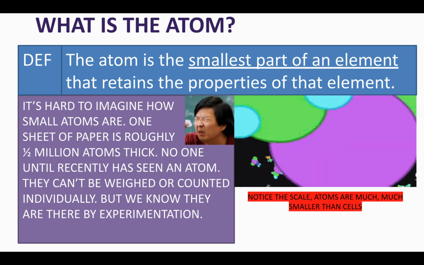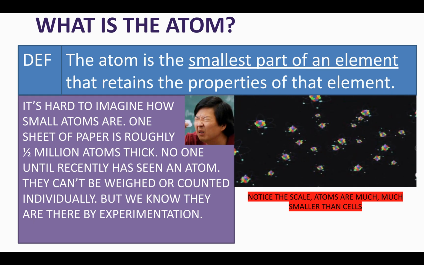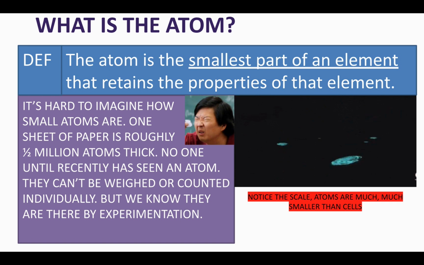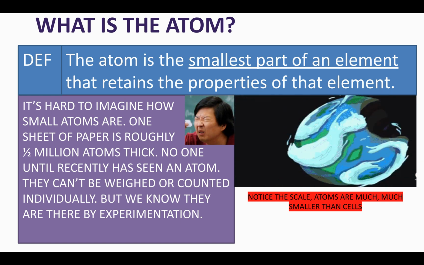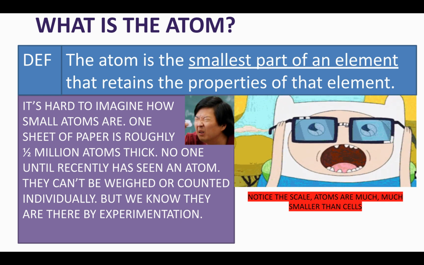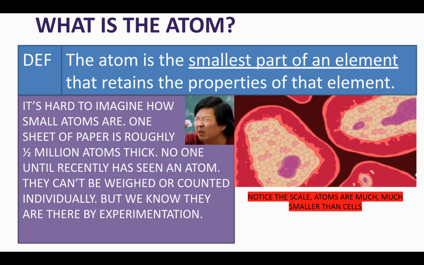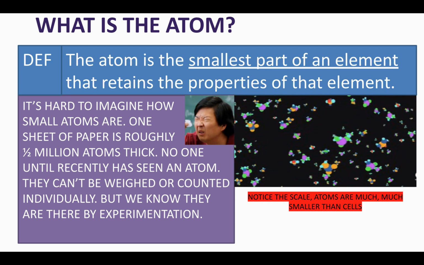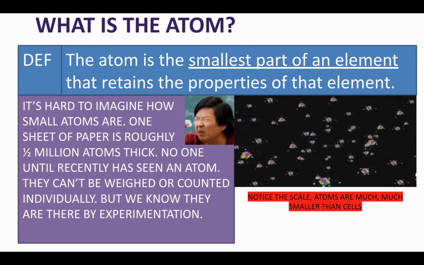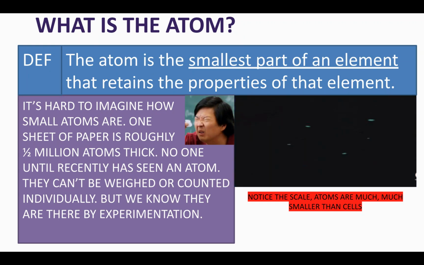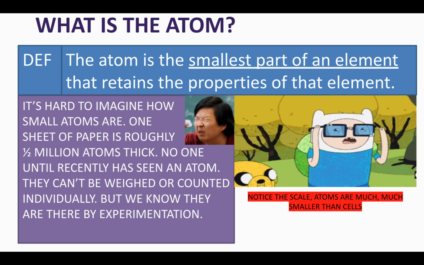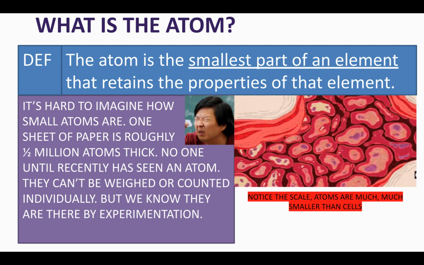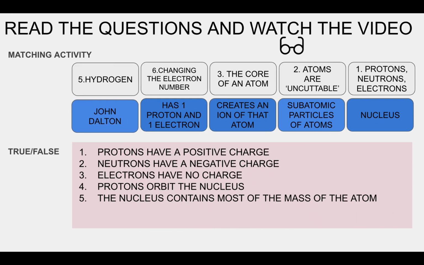Inside the cells, you've got molecules, and the molecules are made up of atoms. You saw them there, with the little orbits and the bits running around them. What I want you to notice, guys, is the scale. The scale here refers to how big or small something is. So atoms are significantly smaller than cells. We can see cells under a microscope, whereas for an atom, we have to have a special microscope.